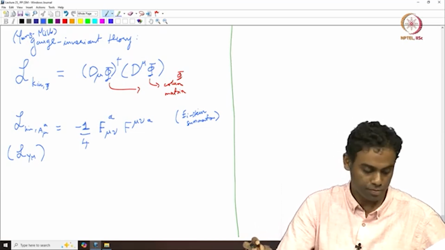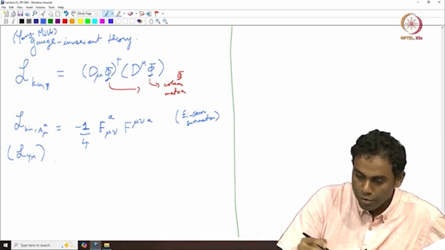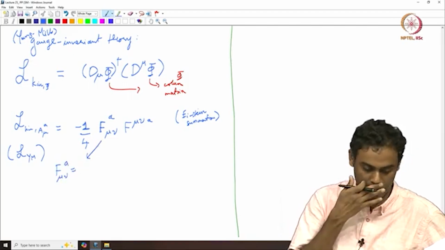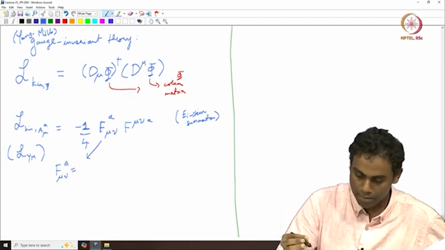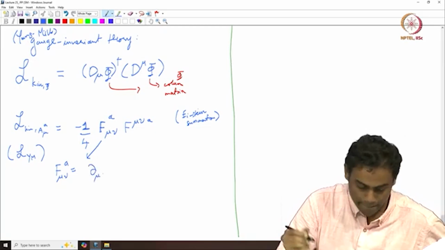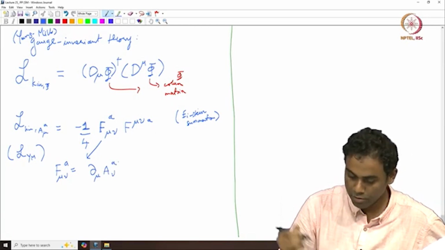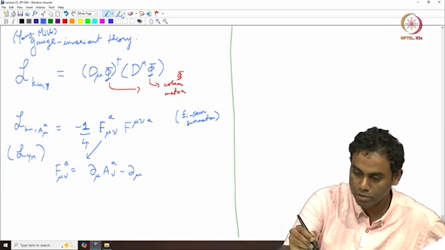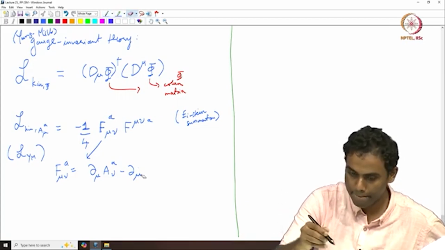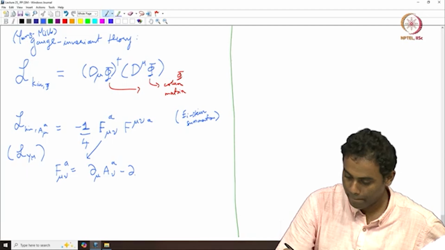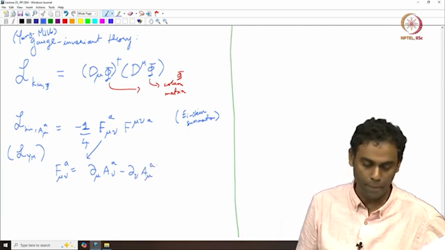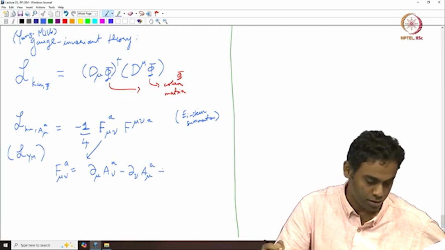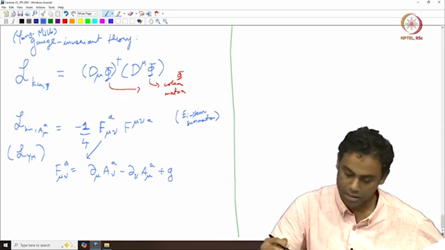So what is this F mu nu? This is the most important thing now. The first two terms you are familiar with, right, from QED, but the most important is this term.